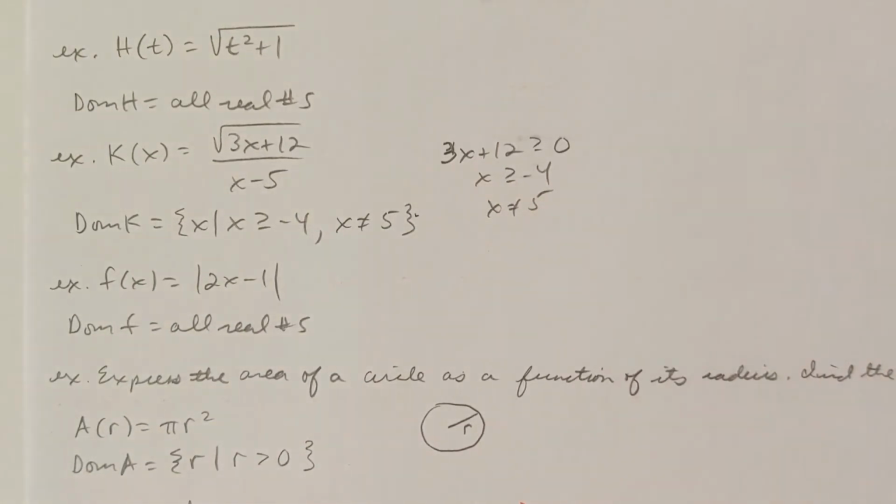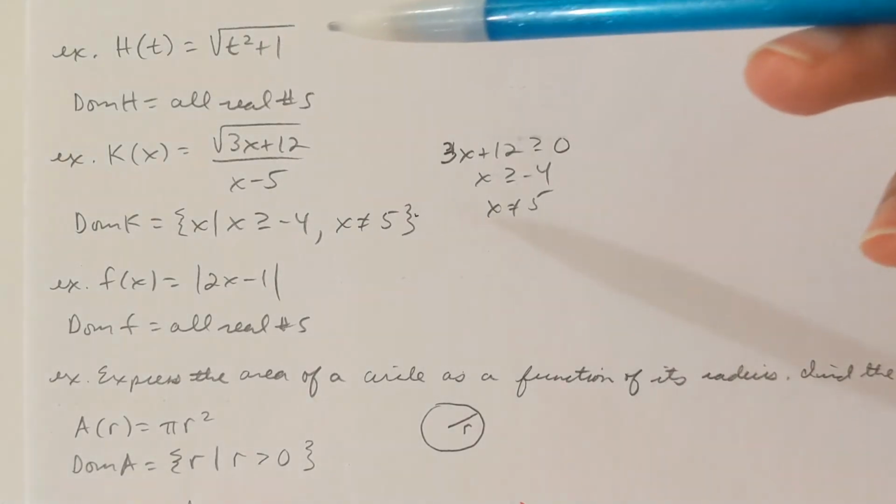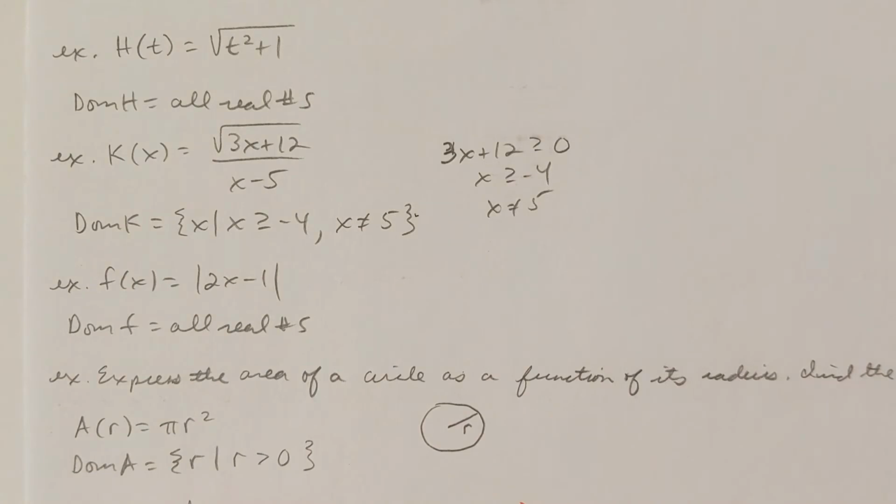For example, suppose that h of t is equal to the square root of t squared plus 1. The domain is all real numbers. Of course, I don't want a negative underneath this square root sign. The square root of a negative is not a real number.